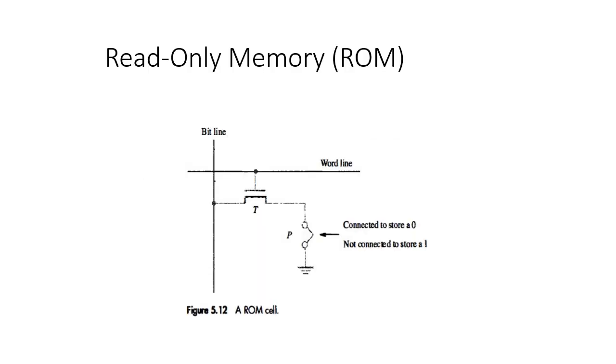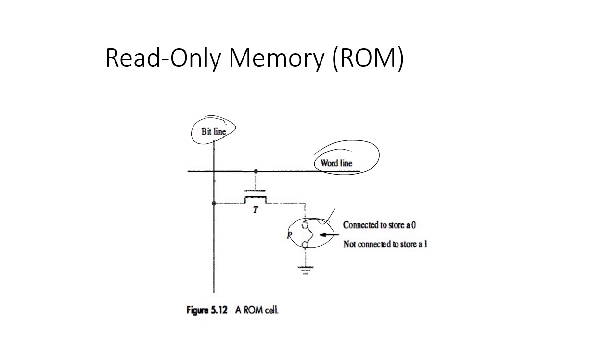The figure here shows the read-only memory. Here you have a bit line and the word line, same as in SRAM and DRAM. Whereas in DRAM there is a capacitor, here it is replaced by a fuse. We will not have a capacitor; instead, we will have one fuse.